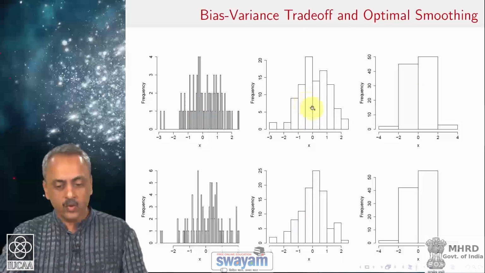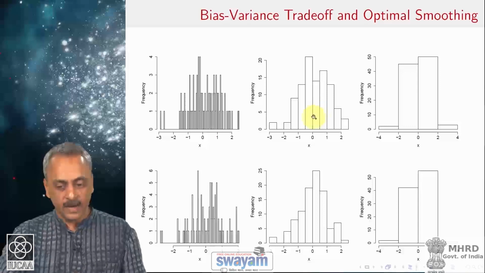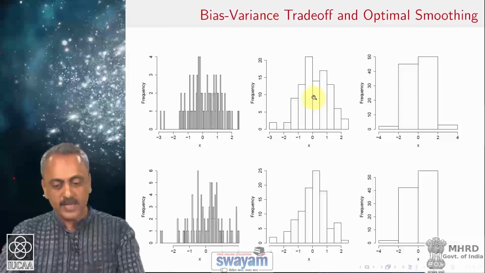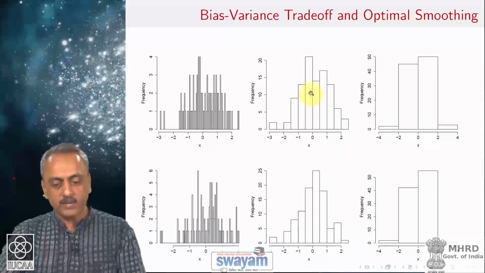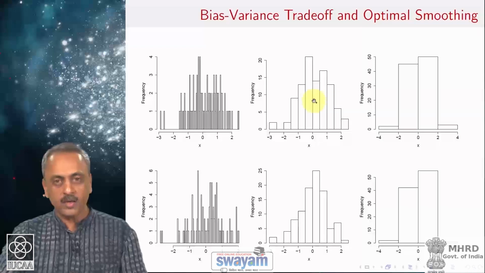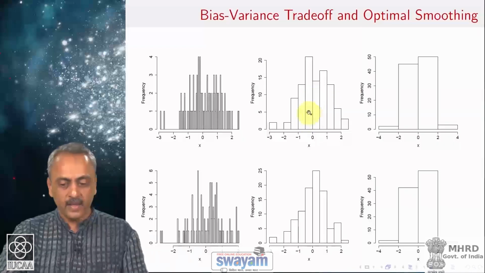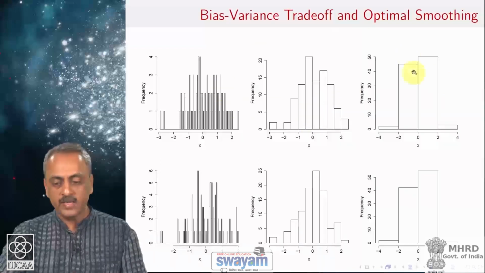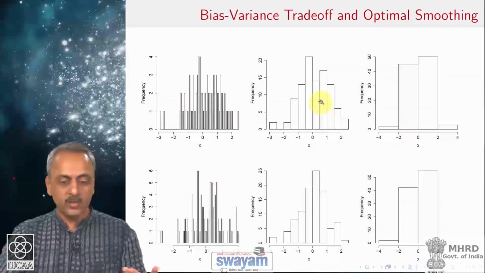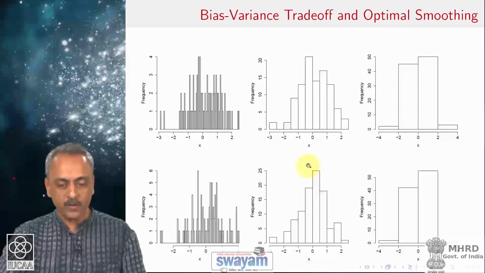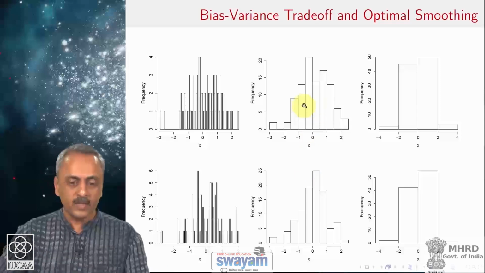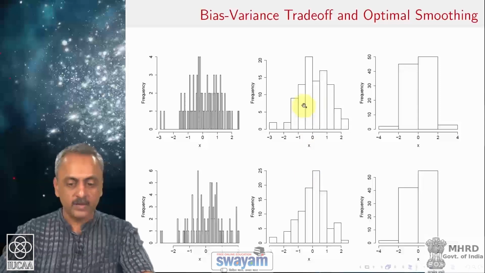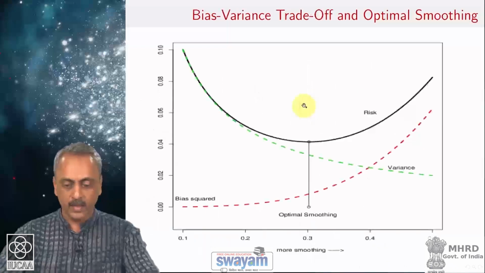This is close to the optimal binning, and in this case the number of bins is the parameter across which you find the optimal smoothing, and we want to avoid both these ends. We want to have a histogram chosen somewhere around this number of bins for this particular data, and again you see the phenomenon of bias variance trade-off here also.